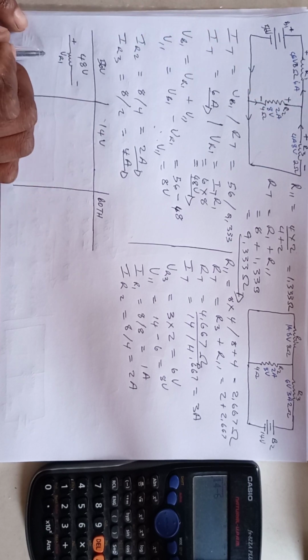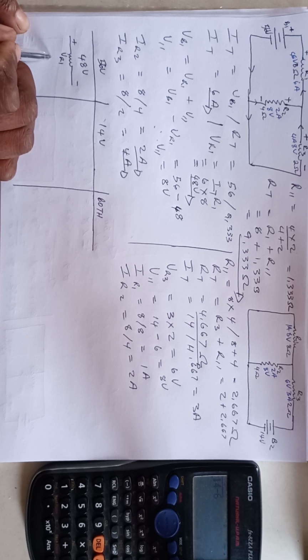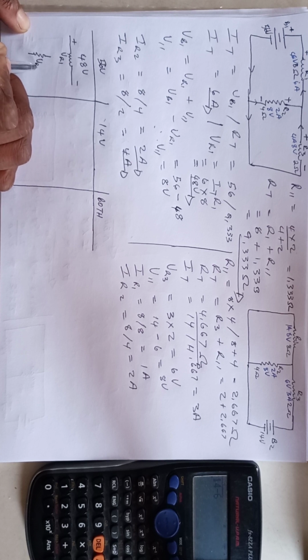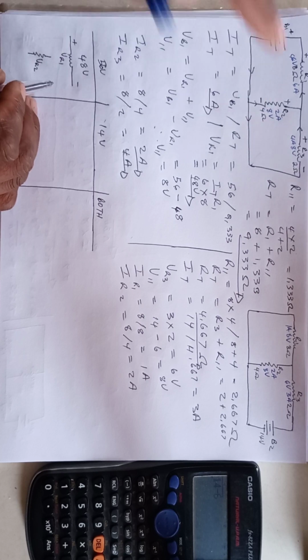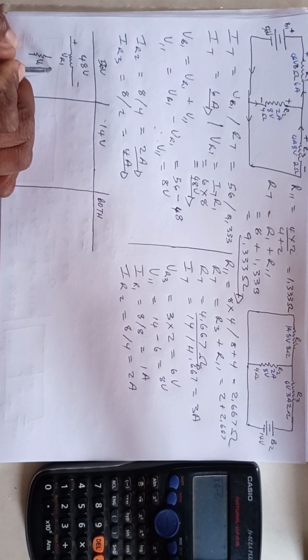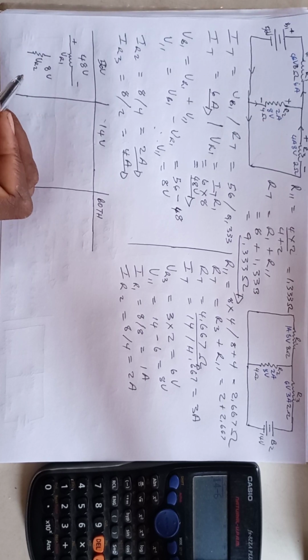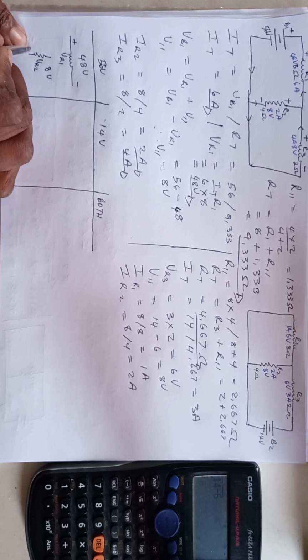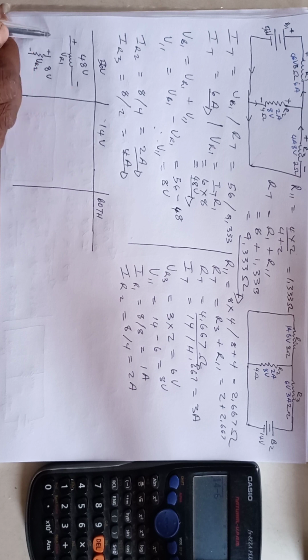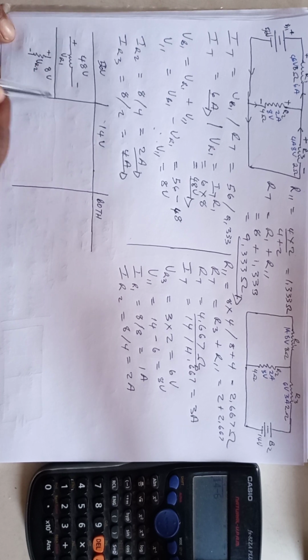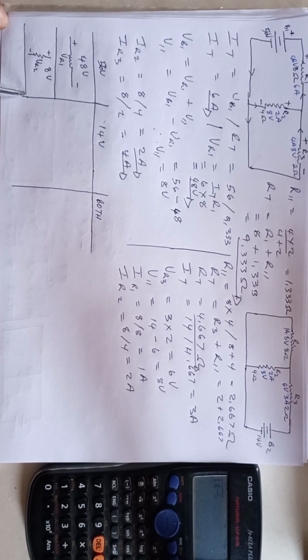Let's draw R2 as it appears. So the volt drop across R2, what was it? It's 8 volts. Again, what is the polarity? Negative, positive. So let us draw a line here and draw a line there.